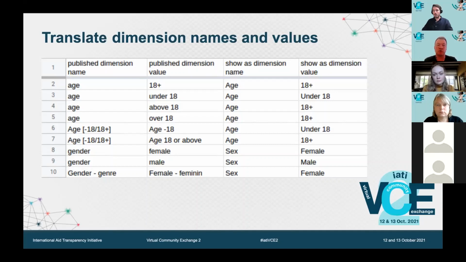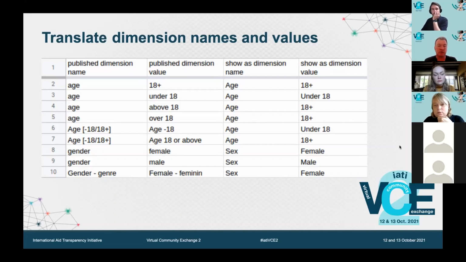So what we do in the data processing is have a lookup table where we look up known values, like on the left-hand side, and present them as shown on the right-hand side, so that we can actually produce a dashboard where this section H disaggregation really works.